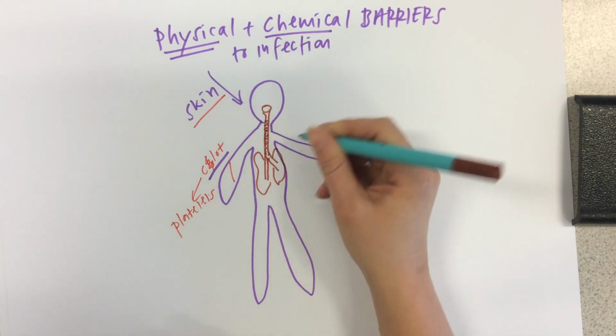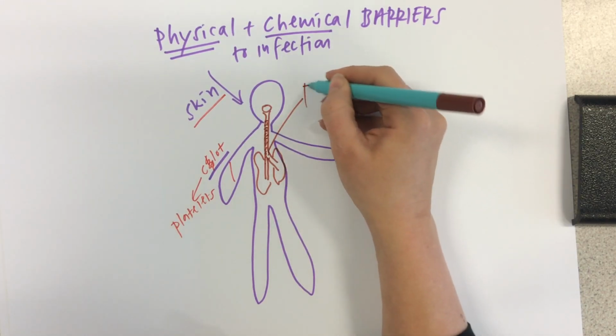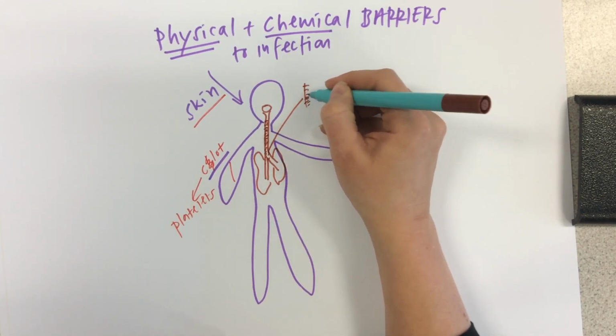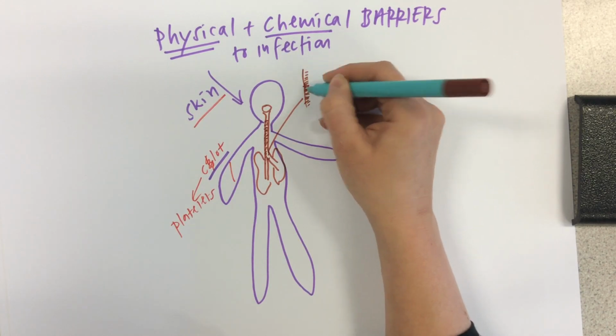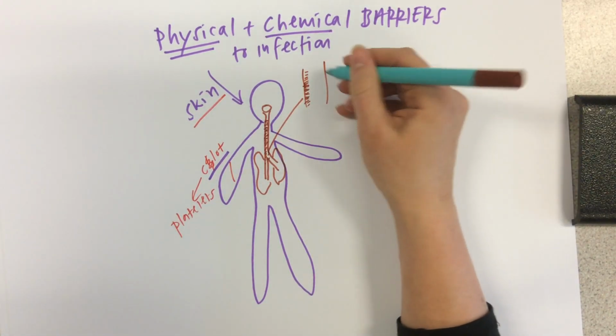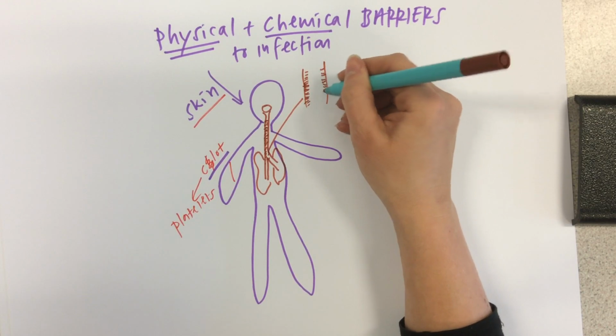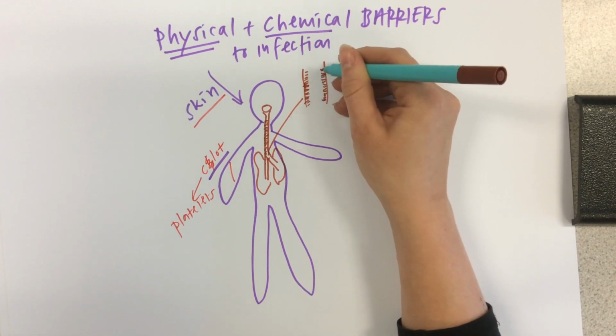And if you remember, I'm going to do a little zoom in here of what cilia look like. Very thin, hair-like projections that line the whole tract.